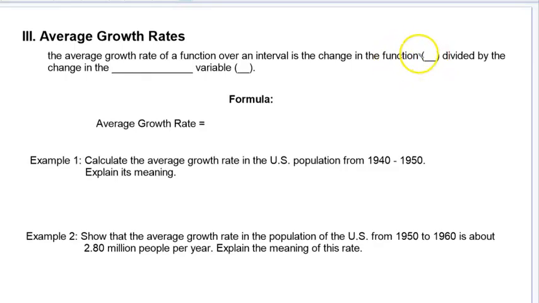The change in the function you can think of as the y variable, the dependent, the output, divided by the change in the independent variable, or the x. Does that sound familiar? It sounds a lot like rise over run, change in y over change in x.